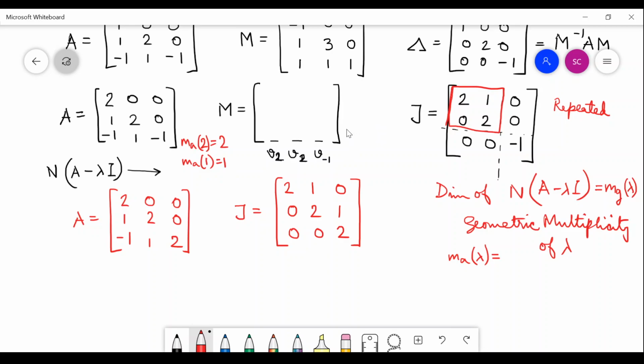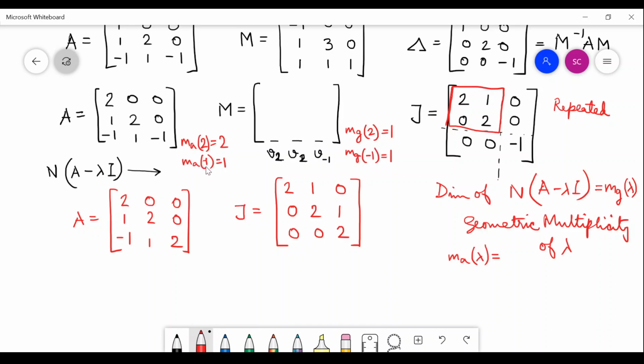I assumed that m_g of 2 is 1, which is most of the case you will find is happening, but not always. Okay, and this is minus 1. m_g of minus 1 is also 1.